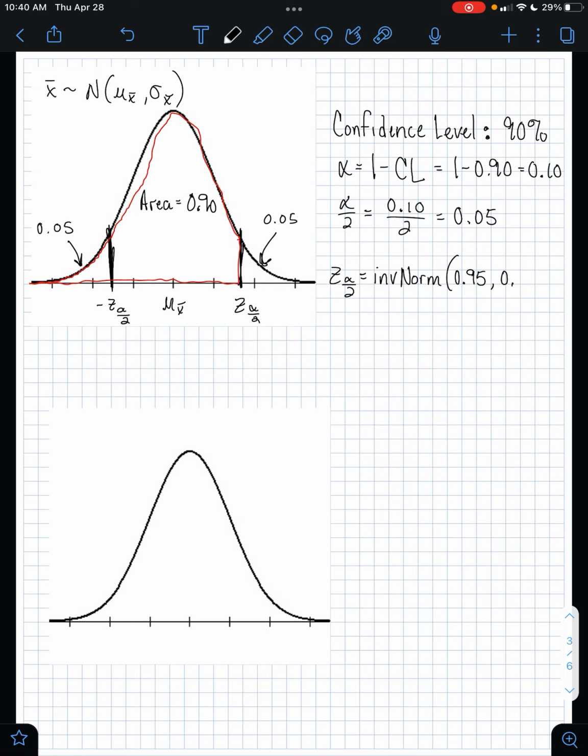And again, we're working with z-scores, which means this is going to be based on the standard normal distribution, where the z-score of the mean is 0 and the z-score of the standard deviation is 1. And this will give us 1.6448, which we can round off to 1.645.